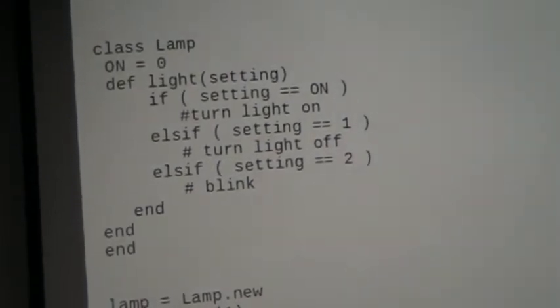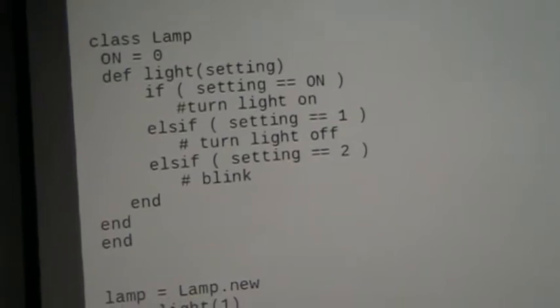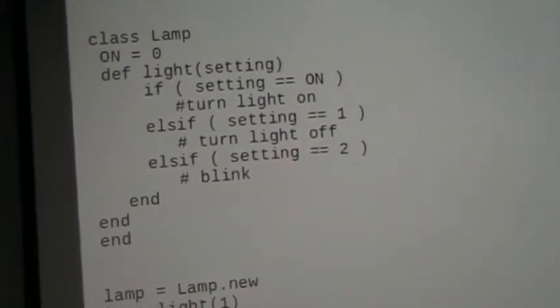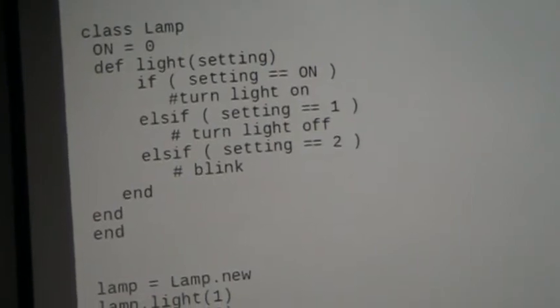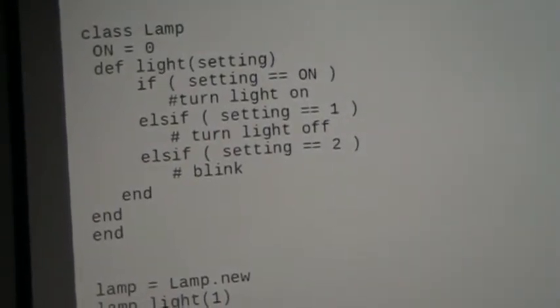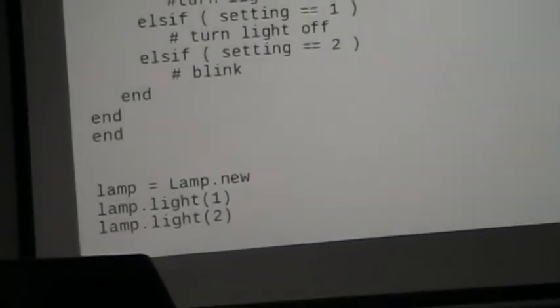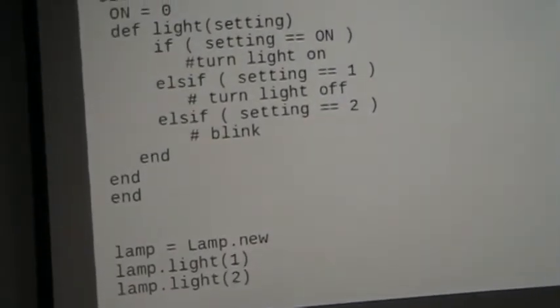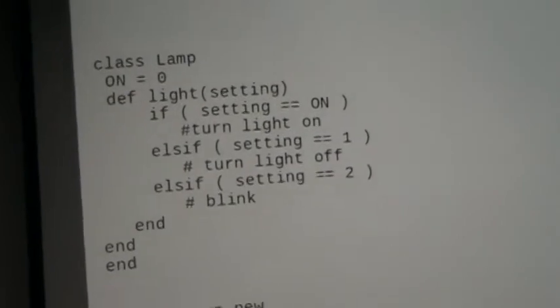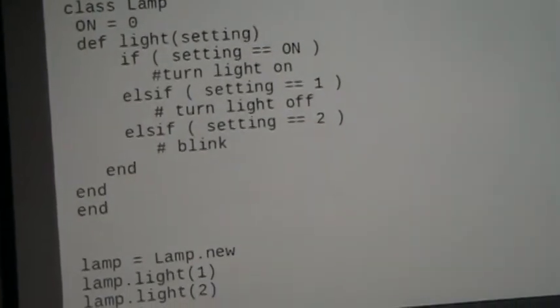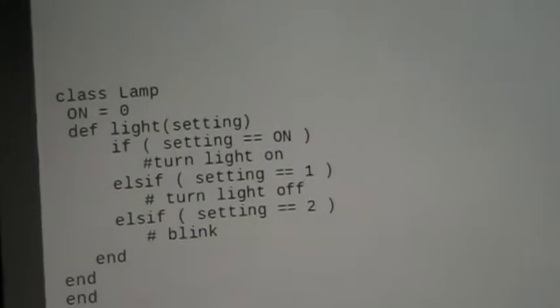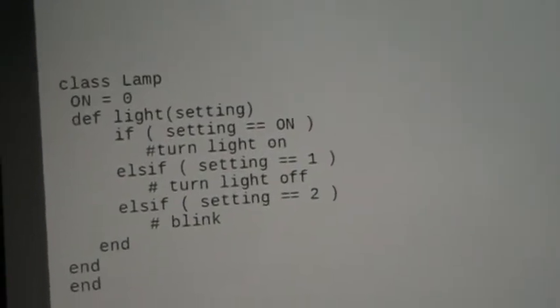So there are 3 problems in this code. First is duplication, because the caller already knows which path to execute, and there's also a problem in flexibility, since any change inside the method would also require the callers to change.